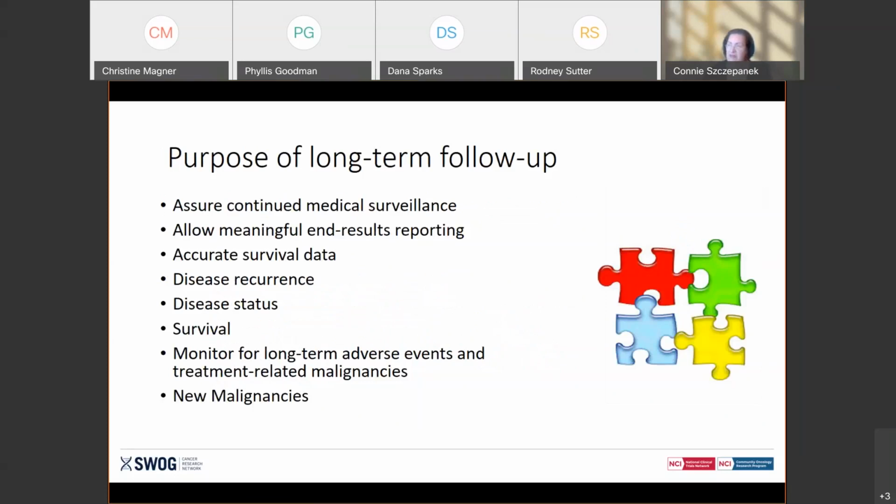And part of what we're doing through this segment of follow-up is to assure continued medical surveillance for patients, making sure there's meaningful end results reporting, capturing accurate survival data, finding out if they're still alive, has their disease recurred, or what is the status of disease, and then especially looking for long-term adverse events and treatment-related malignancies or new malignancies. Often, not often, but sometimes there are things that we didn't know, that we couldn't predict. Life happens, and so it's an important piece of the puzzle to know all the details. Next slide, please.